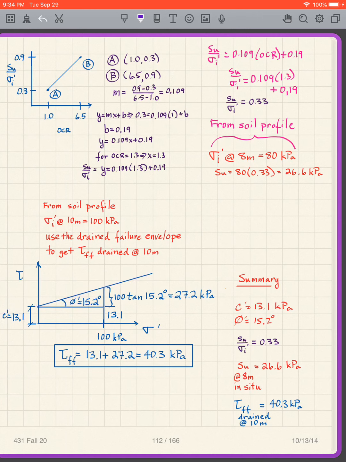So my total is going to be the 13.1 plus the 27.2. I get 40.3 as my tau FF. So my summary, I have C prime and phi prime. My SU over sigma prime I in situ. My SU at 8 meters depth, 26.6. My tau FF drained at 10 meters, 40.3.